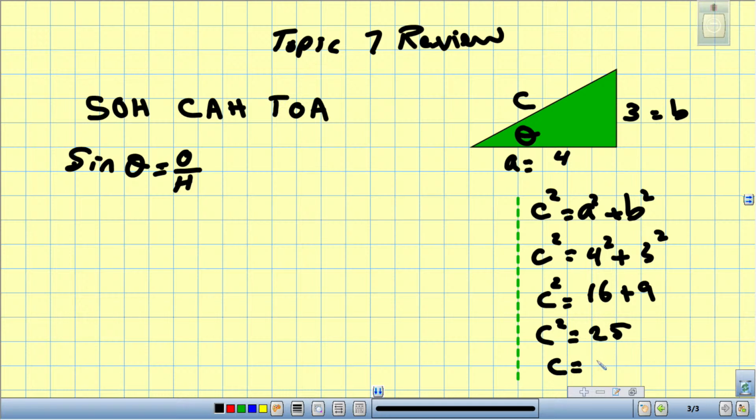C equals the square root of 25, which is 5. Good. So I'll come here and put 5. C is going to equal 5. You don't have to have C's and B's anymore. That was just for you to plug into the Pythagorean Theorem.